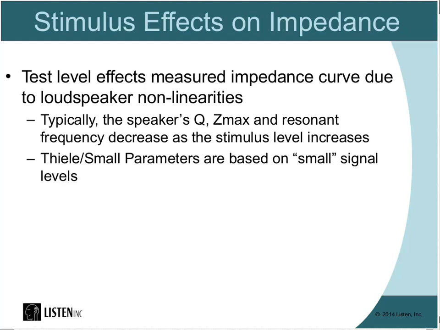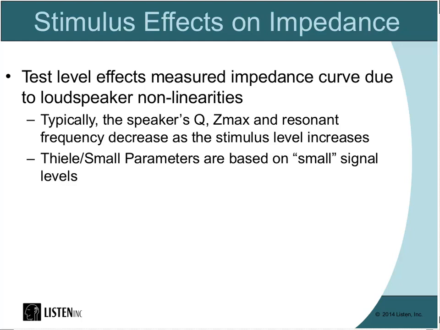And what happens is you'll see that as we put more energy into the loudspeaker, typically the resonant frequency will decrease as the stimulus level increases. The Q will go down, the Z max will go down.